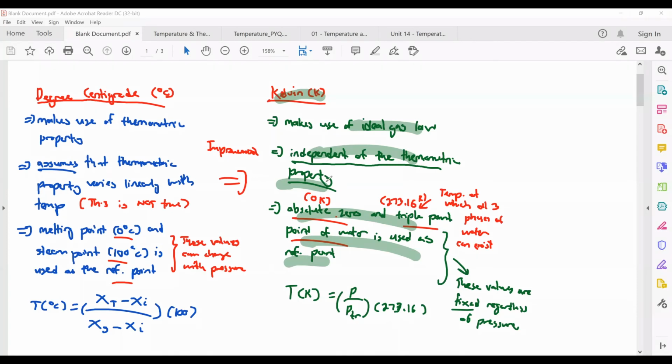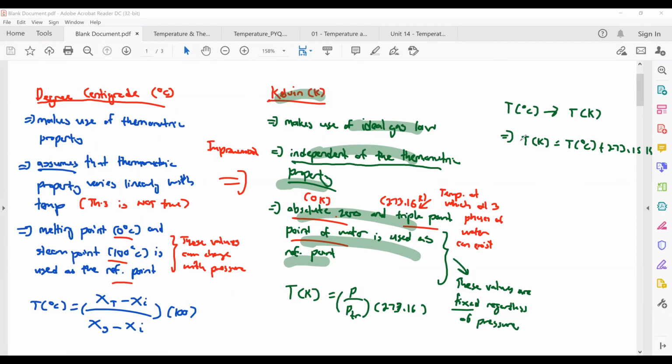Okay. Now, when you want to deal with temperature in Kelvin, the only thing that you really need to know is how to change temperature in degrees centigrade to Kelvin. Temperature in Kelvin is temperature in degrees centigrade plus 273.15.